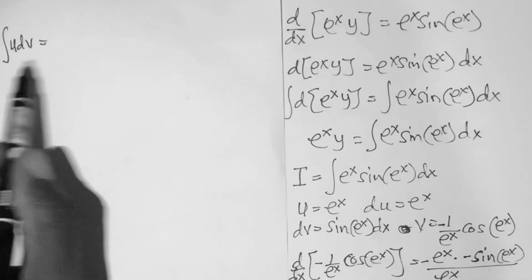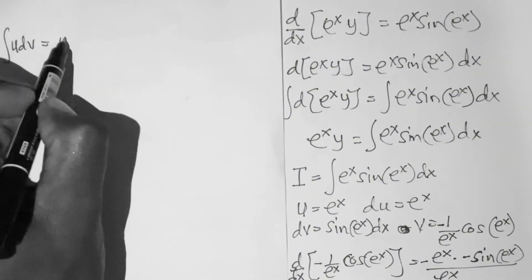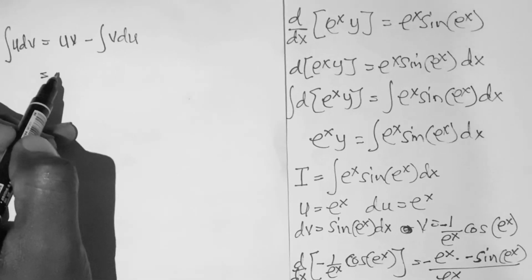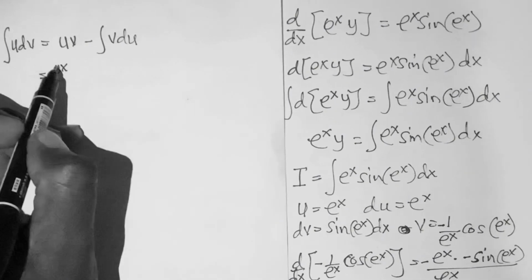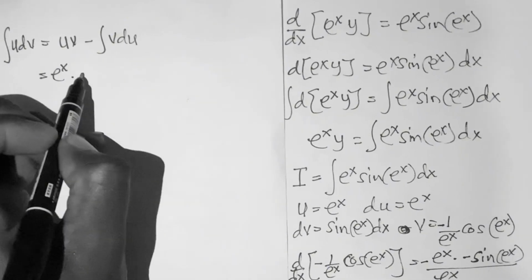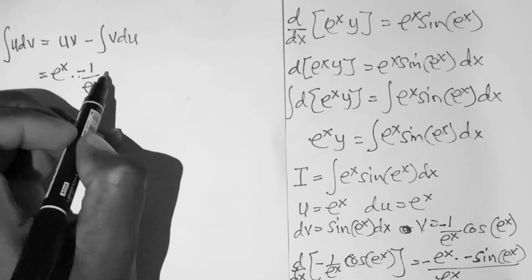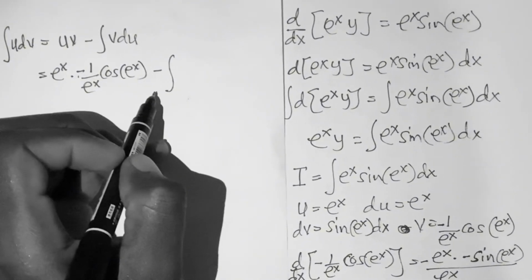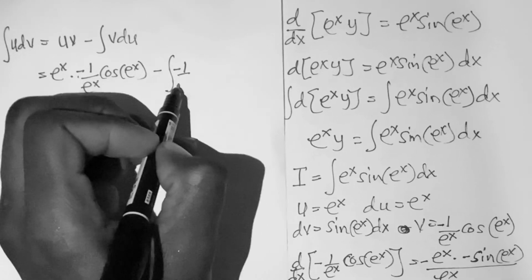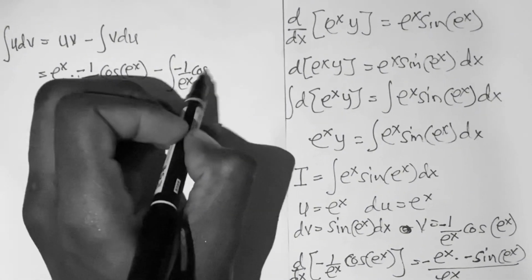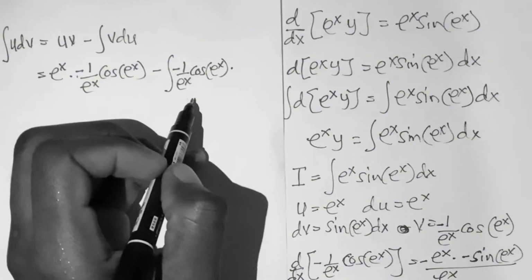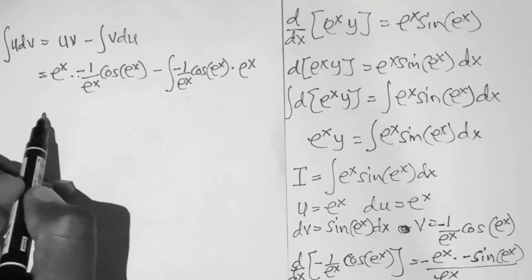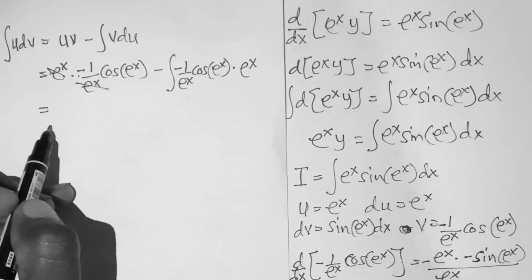So using integration by parts, we know that the integral of u dv is equal to uv minus the integral of v du. So this is equal to, our u was e^x, then v is times minus 1 over e^x cos(e^x), then minus the integral of v, which is minus 1 over e^x cos(e^x) times du, and then du is e^x. So this e^x and this one will cancel, this one too.